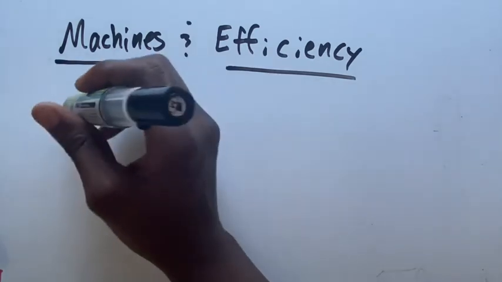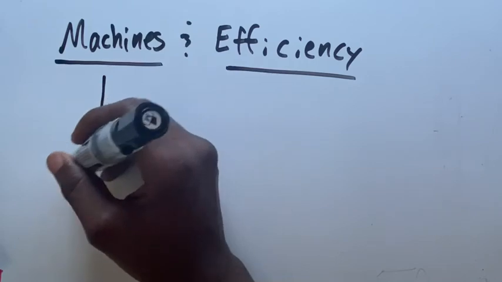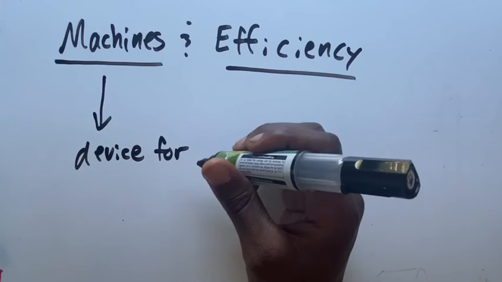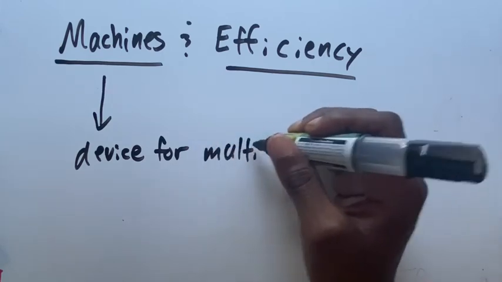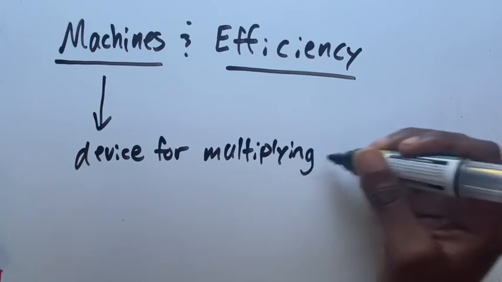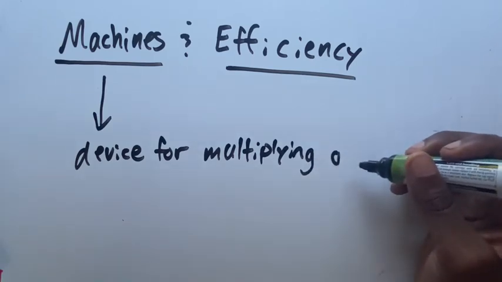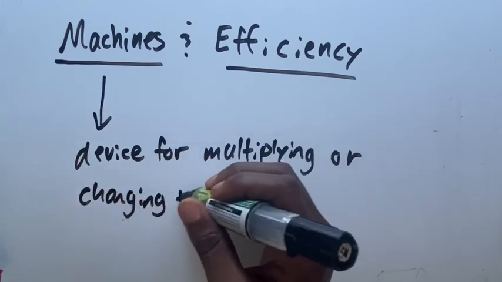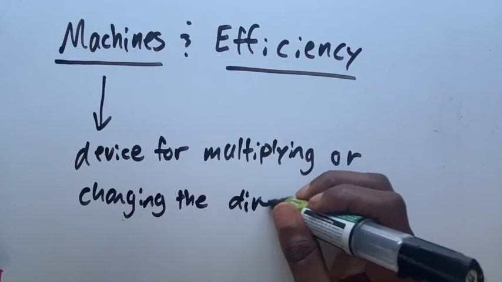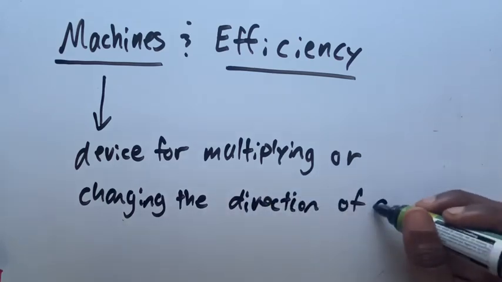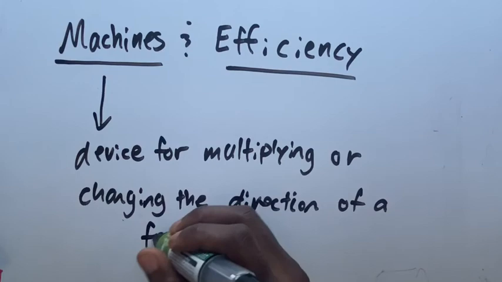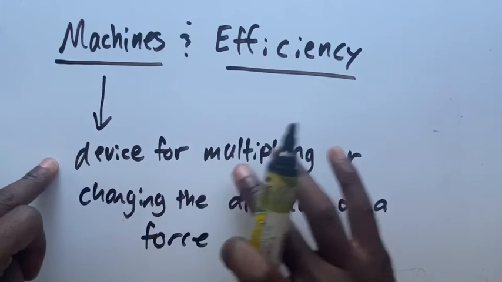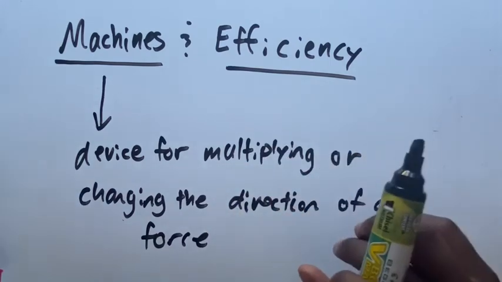Well, a machine is basically a device for multiplying or changing the direction of a force. And so a machine is basically a device for multiplying or changing the direction of a force.